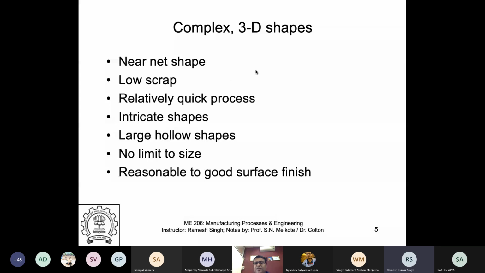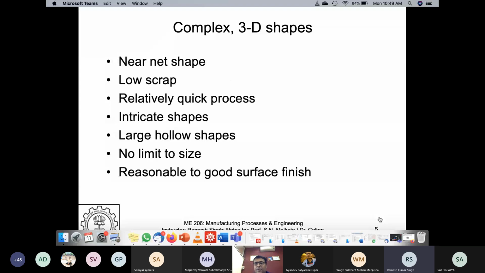So the advantages of casting are that you can create near net shapes, you can do low scrap casting, and you have a relatively quick process.